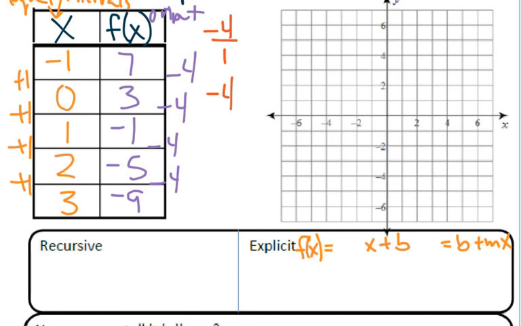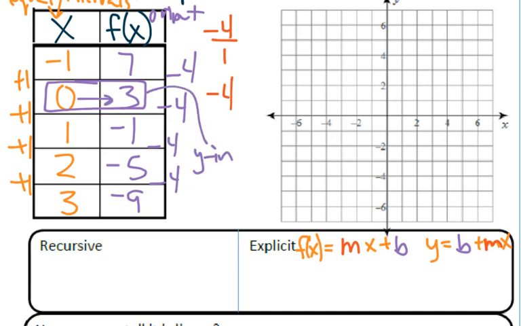We've got our slope, m, right there, and our b is our y-intercept. Our y-intercept is where the input is 0, and that output is our y-intercept. It's where we start. So we'd start at positive 3.